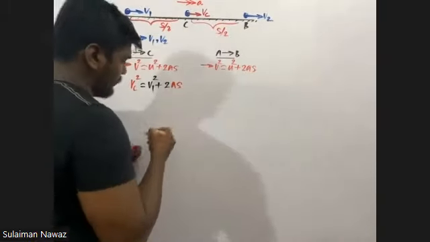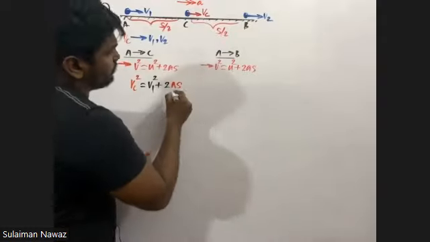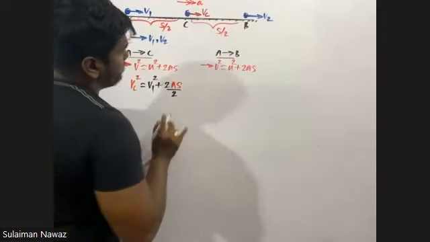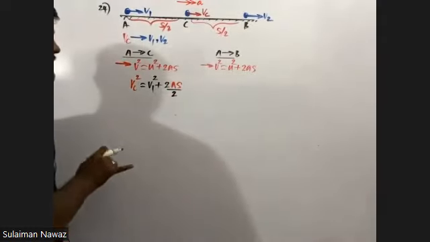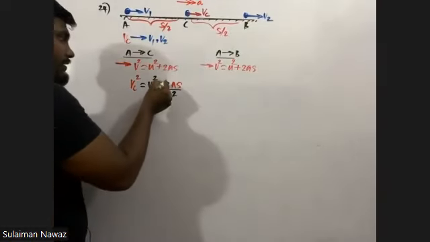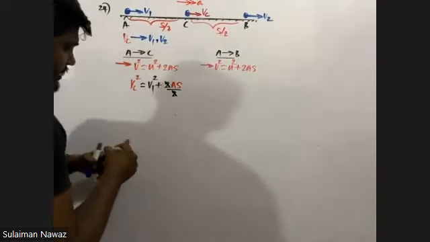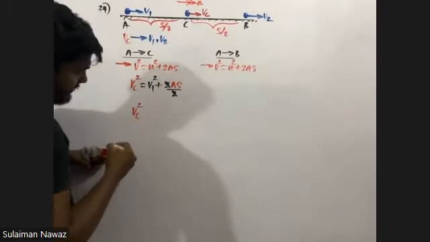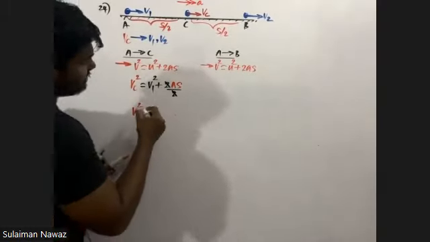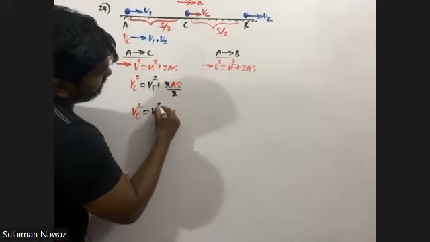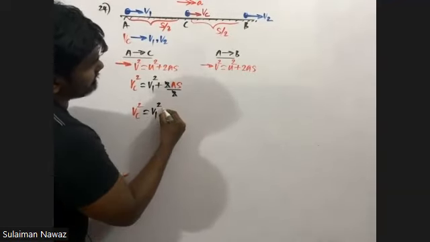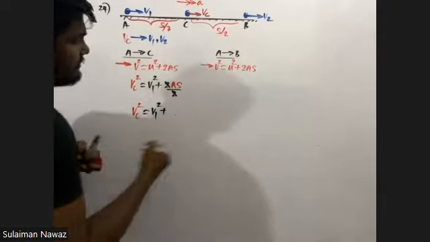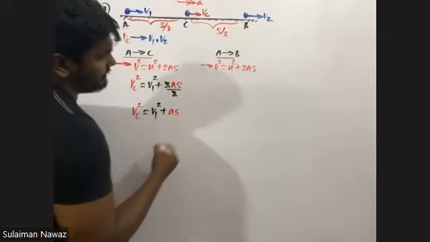I don't know S also. So I say this as my equation here. The 2 cancels out. Then I can write down VC squared equals V1 squared plus AS. Think about this AS, right?